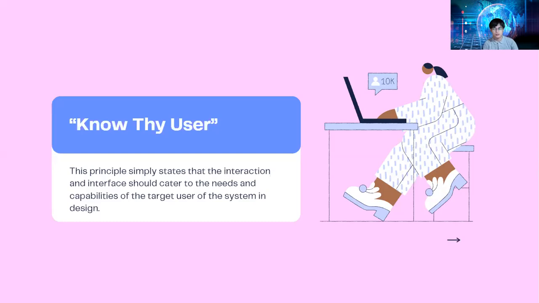So it's very important to understand who your target user is. Is your application for kids only? Is it for teens only? Is it for adults? Okay, that's one principle. Again, you must know your user before creating your software, before creating your system.